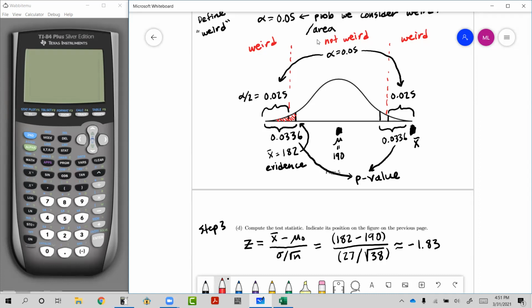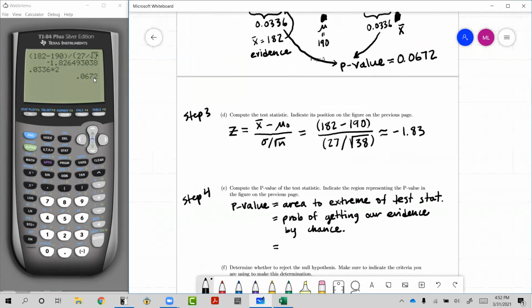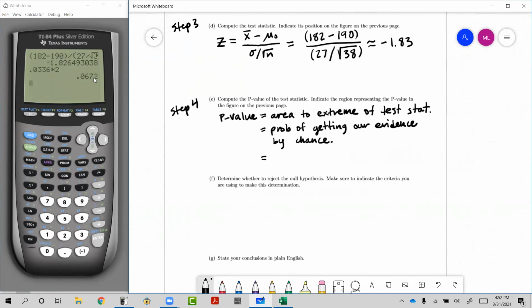So that combined area is going to be the 0.0336 times 2. So I'll do 0.0336 times 2. And so that's going to actually be the p-value. It's 0.0672. So that's the p-value that I found, 0.0672.